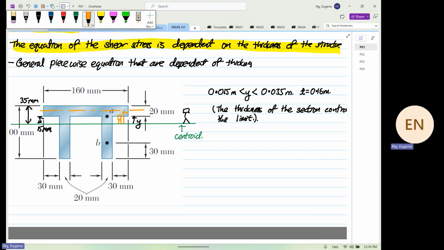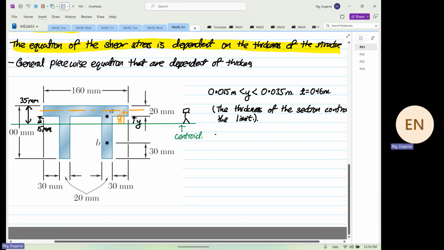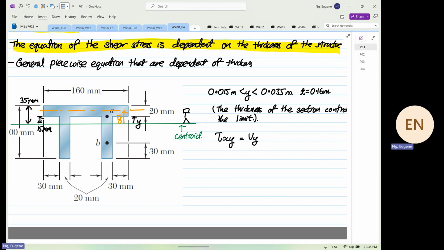Now the equation that we're going to use is shear stress tau xy is equal to Vy over Izz, Qz divided by t. We know our Vy, we know our Izz, we know our t. t is over here. We don't know our Qz.